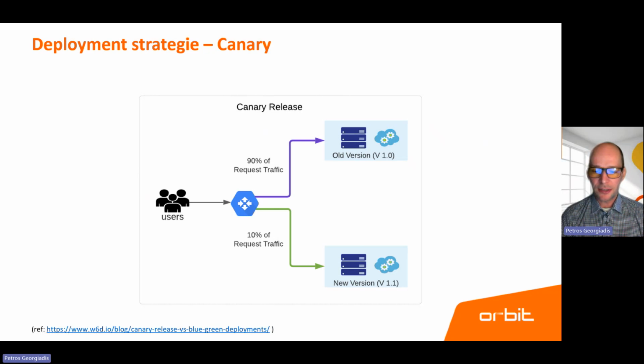And if I see that it's really welcomed by the users and it's useful, then again, I will route all of the traffic, 100%, to the new version, and I can shut down the old one. So this is the deployment strategy for canary deployment.